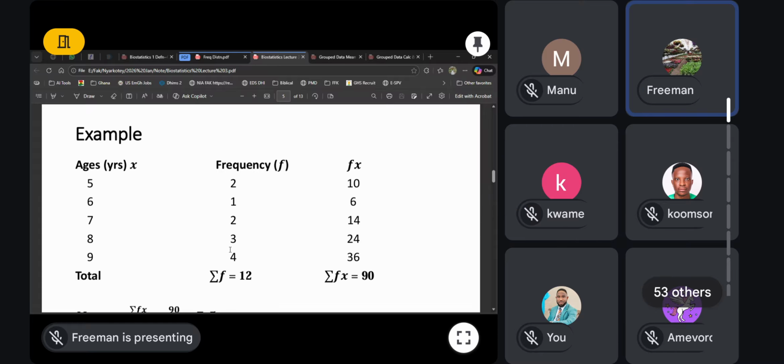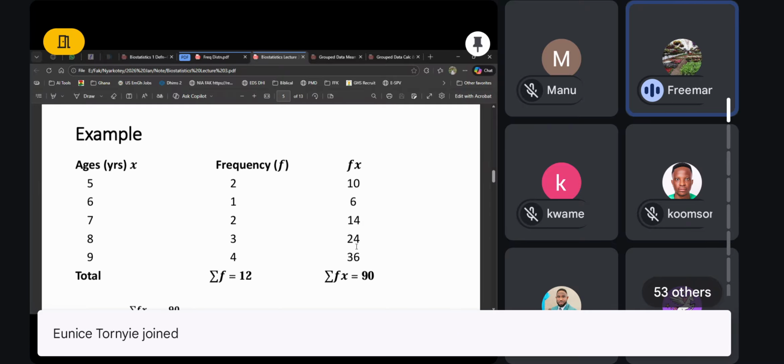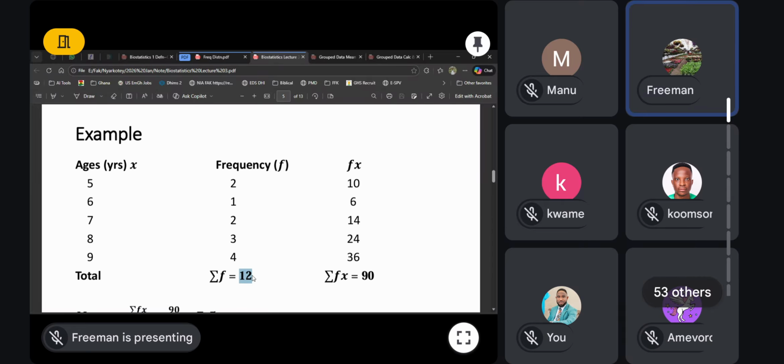So if the mean is the sum of the figures divided by the total number of them, there are 12 numbers in all. That's the summation of f. There are 12 numbers. So the 12 numbers, when you add them, you get 90.